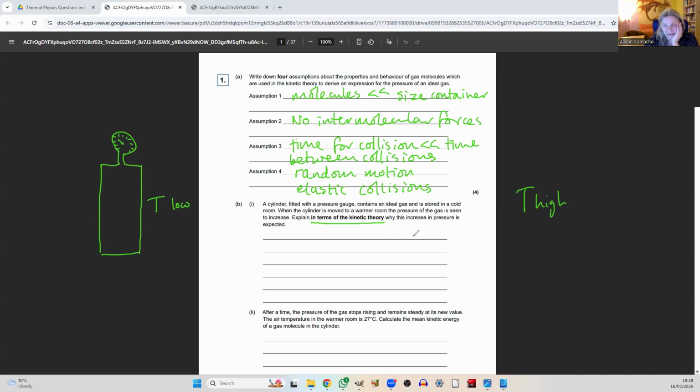So basically, this is why pressure? That's all of this. Explaining why you get pressure at all is actually quite hard. So what is the structure of an explain answer? Key fact, consequence. Perfect. Can you see the structure of this question?